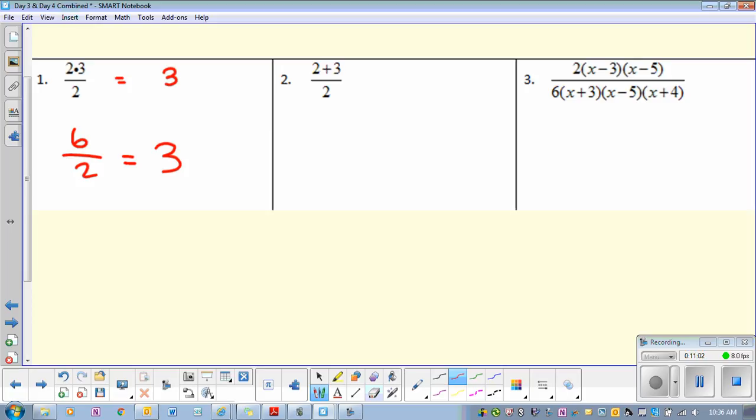Guys, I see a 2 and I see a 2, but be careful. Can I cross these out? No. Why? Addition. Good, because it has that plus sign there. So this is really, what's 2 plus 3? 5. So this is really just 5 over 2, 5 halves. Okay?